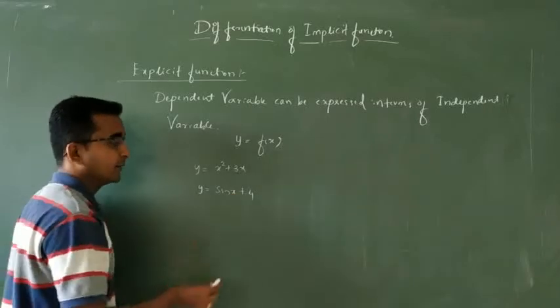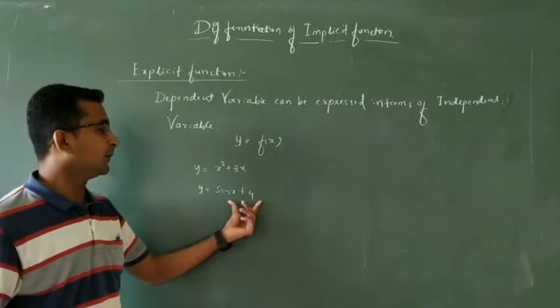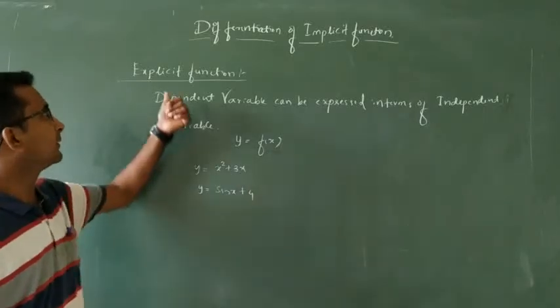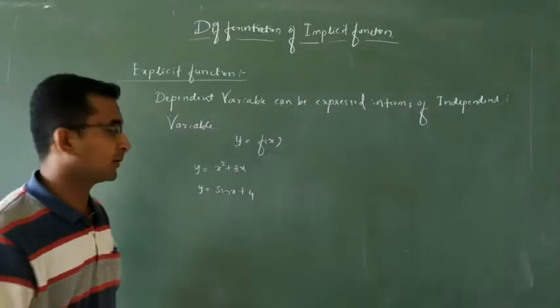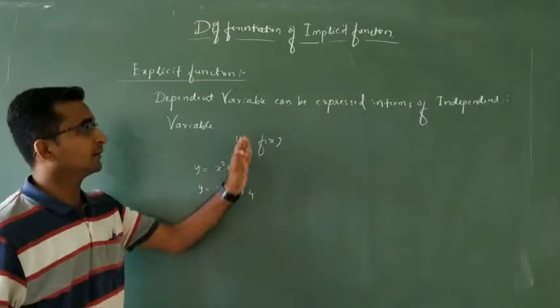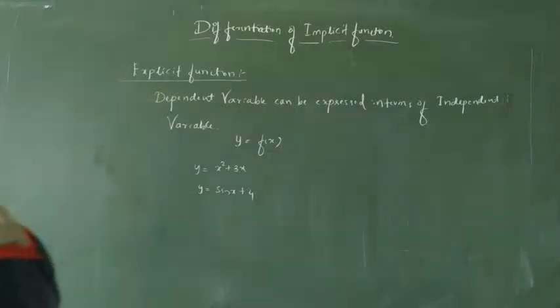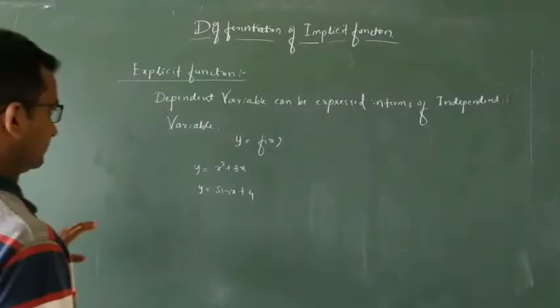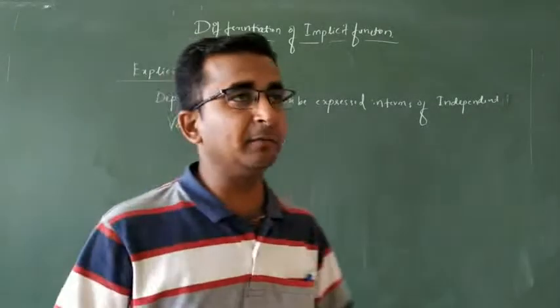Whatever the function given in terms of the independent variable with y on one side and the function on the other side, that is your explicit function. We have already solved many examples with y equal to. So those are all explicit functions. Then what is meant by the implicit function?